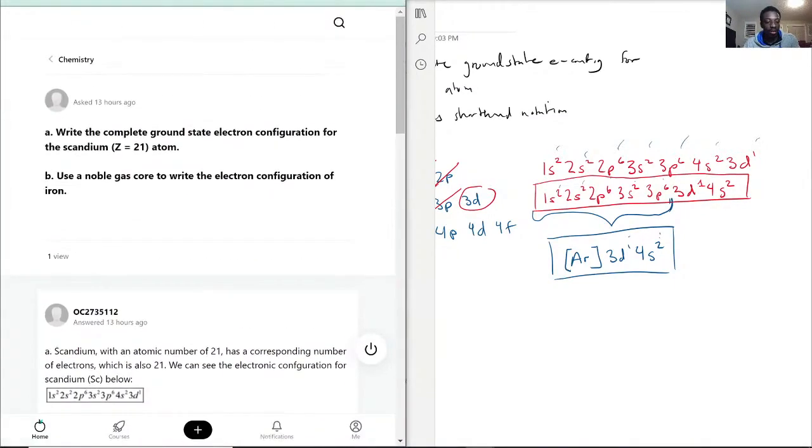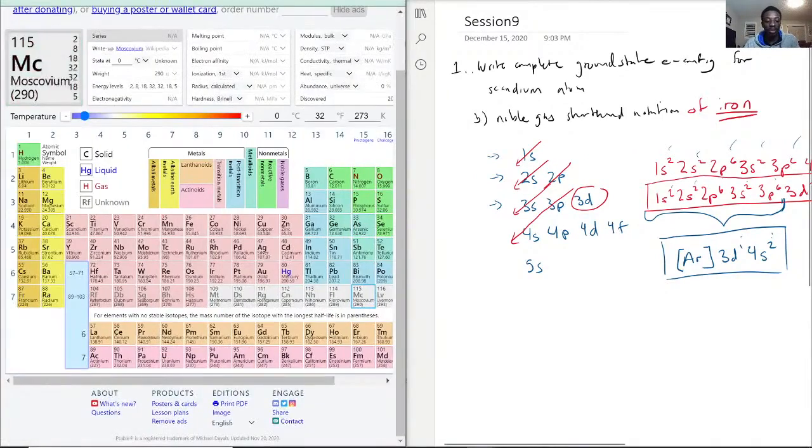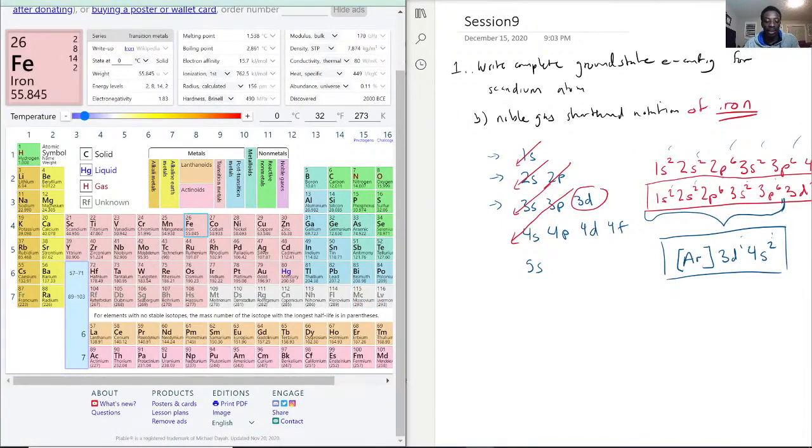And, oh, whoops, write the electron configuration of iron. So we did not finish solving this. We have the noble gas configuration for scandium. So let's see what iron would be. Iron is right here, the 26th element.